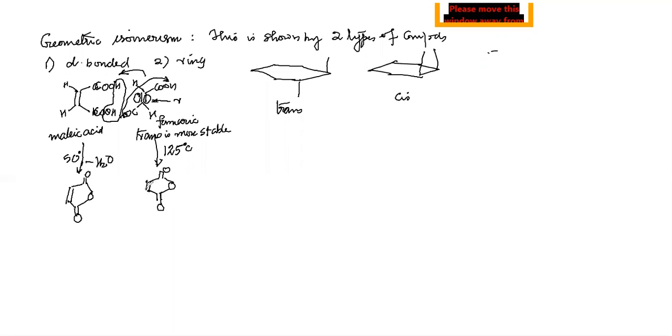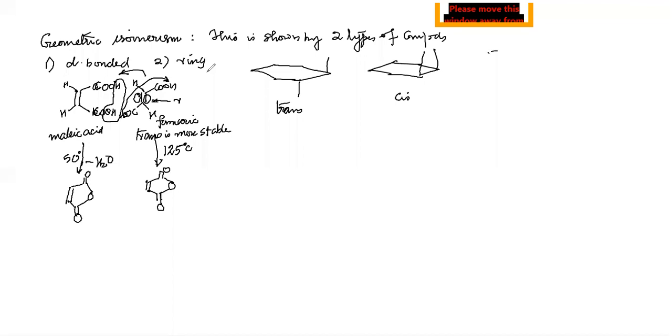But in the case of fumaric acid, you require high temperature, because the carboxylic acid groups are on opposite sides. They have to come closer to form the cyclic ring. To become closer, the double bond has to be broken, and for that purpose, high temperature is required.